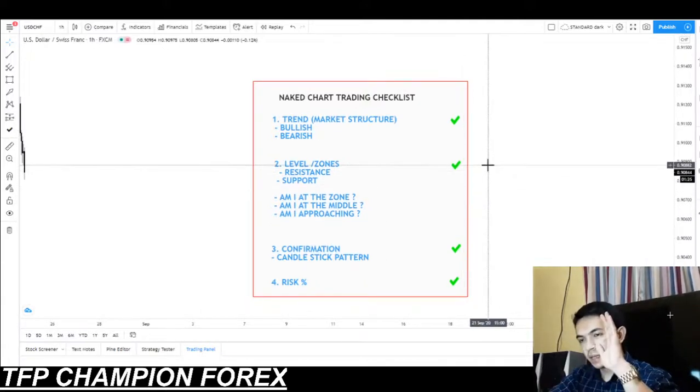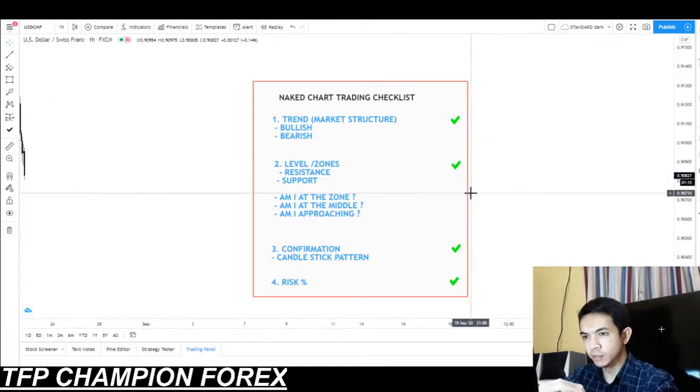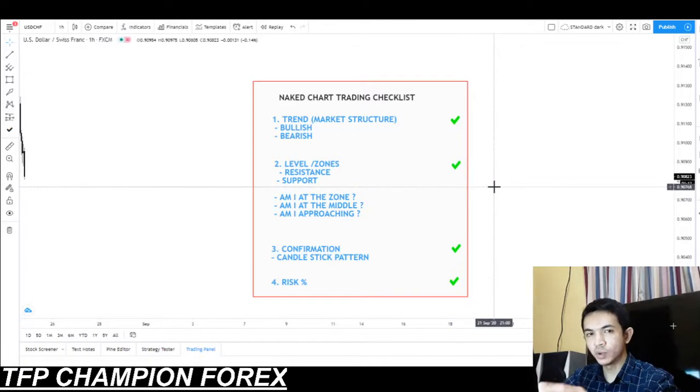However, this will help you be disciplined, be selective on your trades. If it doesn't meet your checklist, definitely you'll not be able to place a trade. What is the advantage of not placing a trade if there's no setup? Definitely, you'll be preventing possible losses on that specific trade.